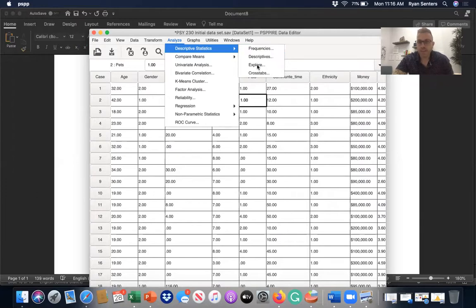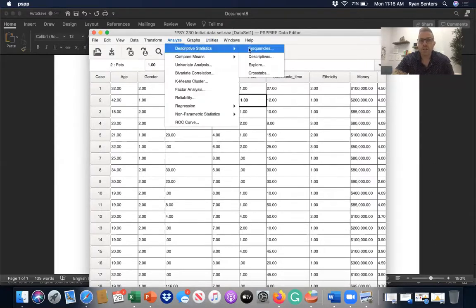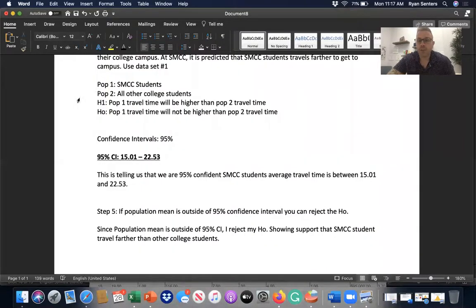And when you have to find the confidence intervals, you're going to need to use Explore. So you'll be using Analyze, Descriptives, and these 3 tabs to answer those questions. And for one of them, you're going to be doing the confidence intervals, and I need to know whether or not you're going to reject or retain the null hypothesis there.